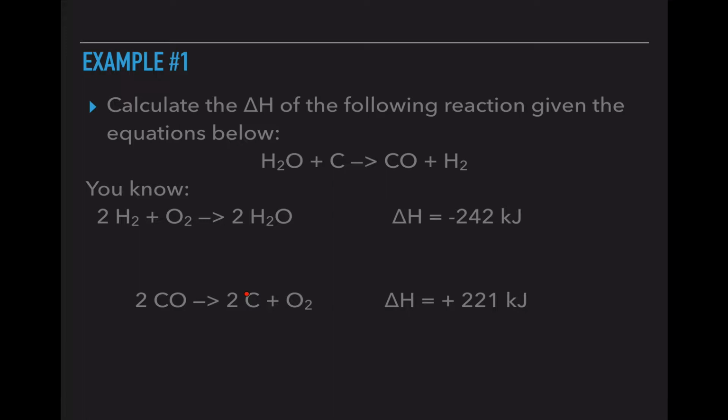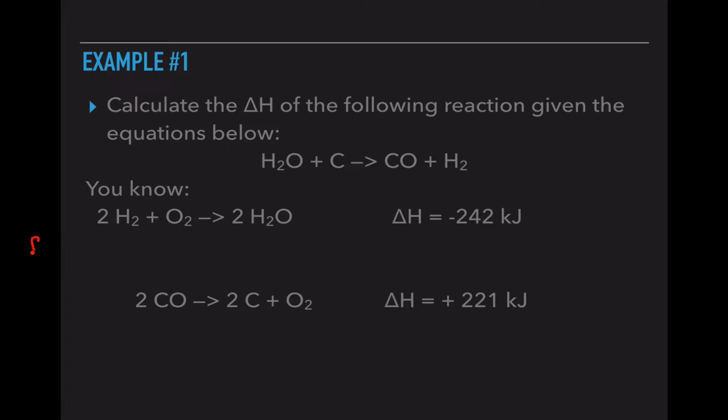So the first thing I have to do is compare my chemical formulas to that reaction that's my final goal. So if I look at that final goal, I have H2O and C before the arrow, and CO and H2 after the arrow. So looking here, I can see I have H2, but it's on the wrong side of the arrow.